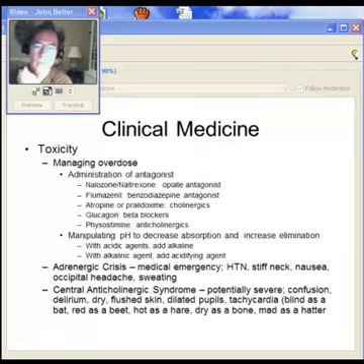I'm selling it today. Okay, and then toxicity, managing overdose, administration of antagonists. Like for opiate antagonists, you're going to give naltrexone. This is one they usually ask about, Mazicon, for benzodiazepine antagonism. Atropine, you're not going to be asked about that for cholinergics, I don't think.